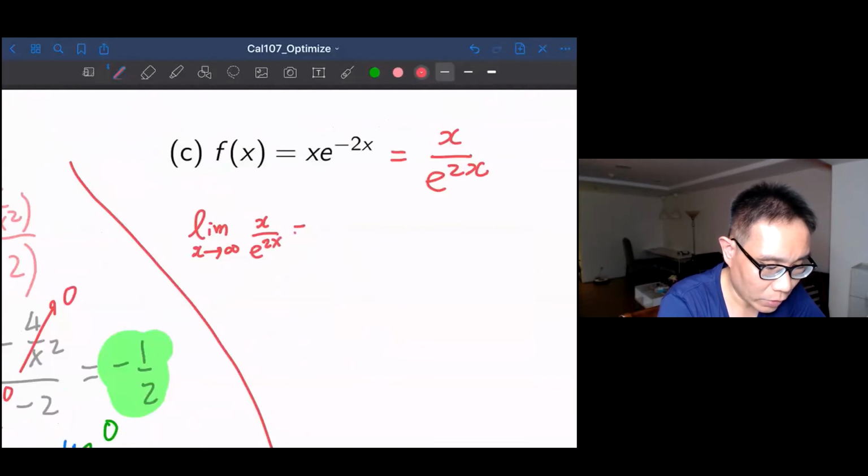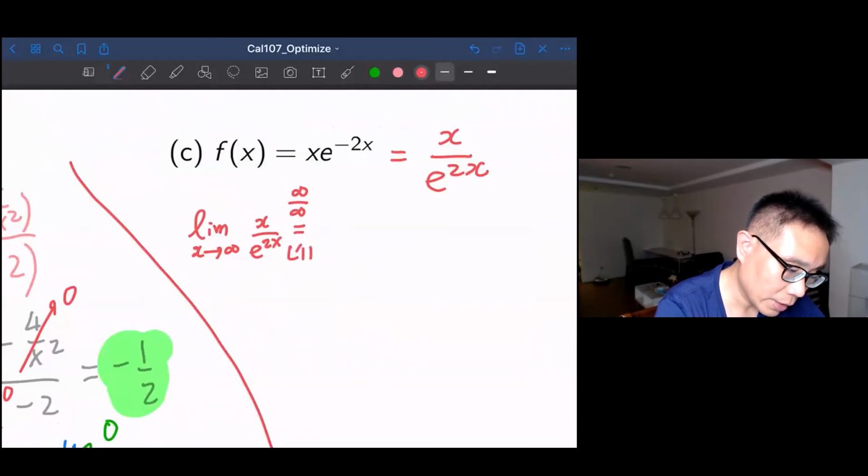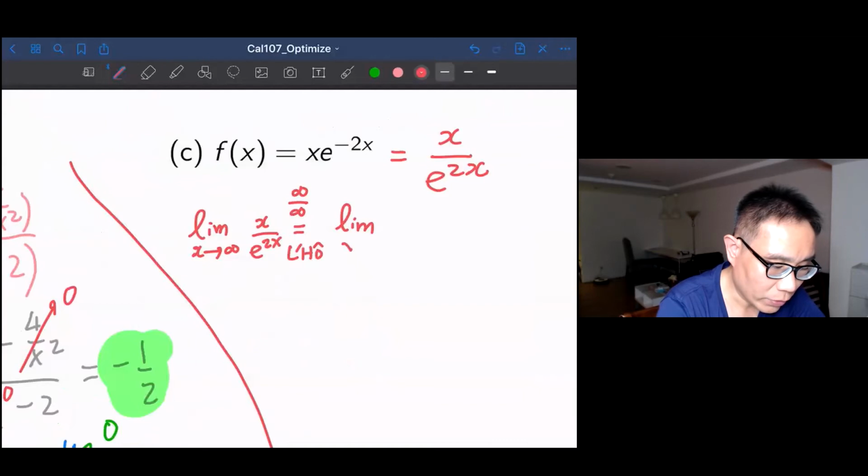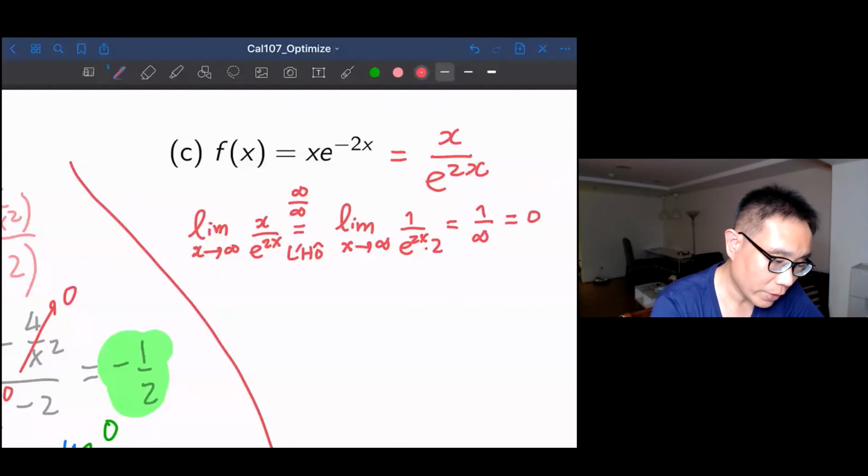You get infinity over infinity, so you apply L'Hopital. It's going to be the limit as x goes to infinity of 1 over e to the 2x times 2. That's 1 over infinity, and this turned out to be 0.